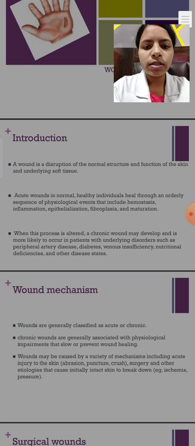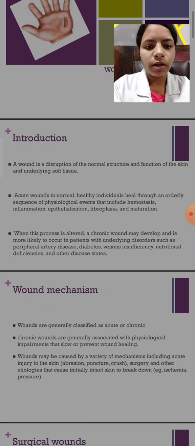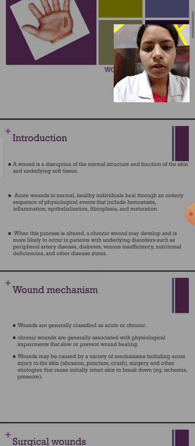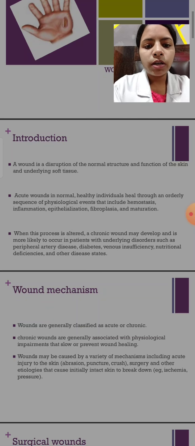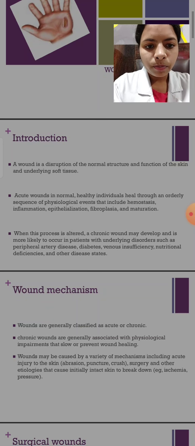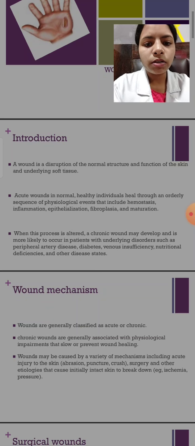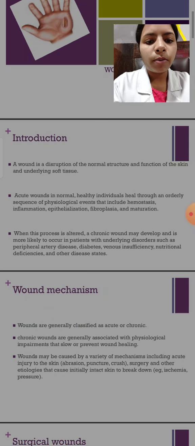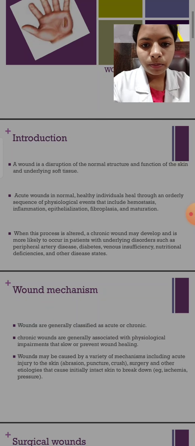Introduction. A wound is a disruption of the normal structure and function of the skin and underlying tissue. Acute wounds in normal, healthy individuals heal through an orderly sequence of physiological events that include hemostasis, inflammation, epithelialization, fibroplasia, and maturation.